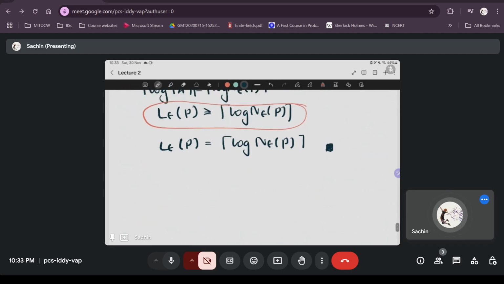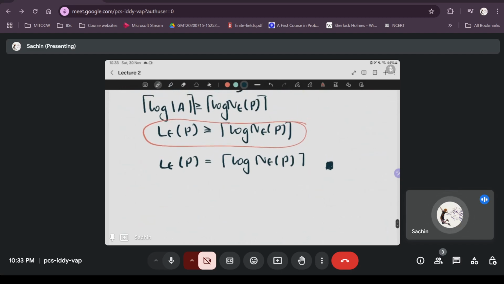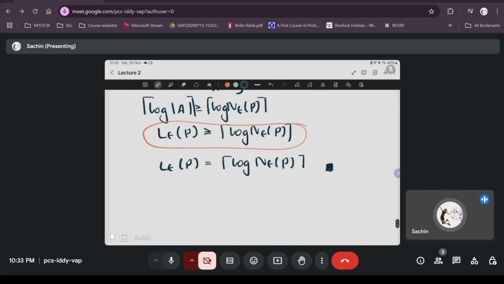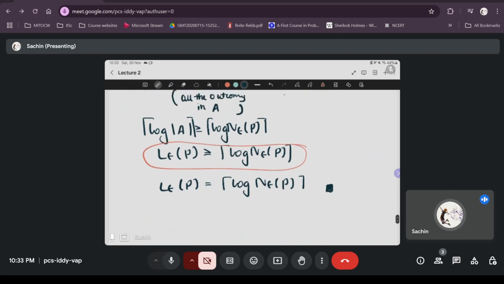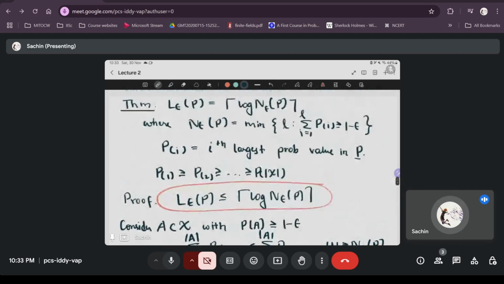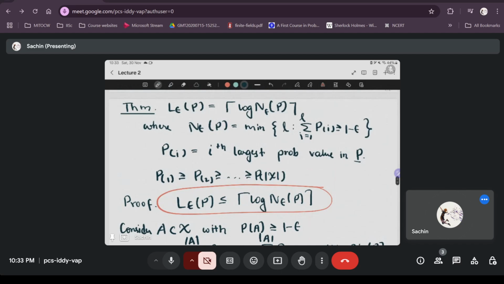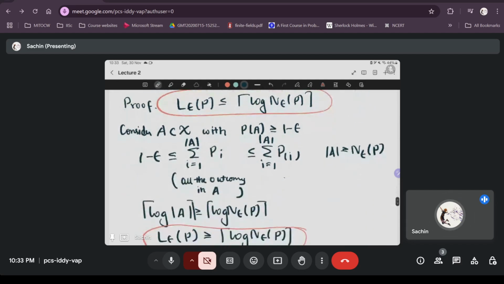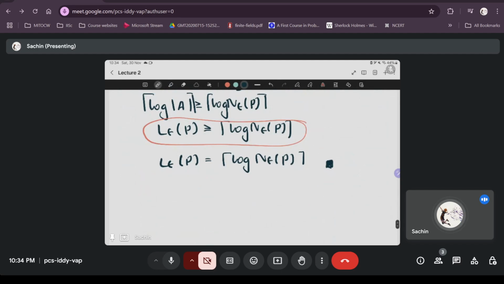You could get rid of the impact of this epsilon on L epsilon of p. Here you have to add all the terms until you get a set of probability 1 minus epsilon. That will also depend on epsilon. So this type of dependency you will try to isolate.